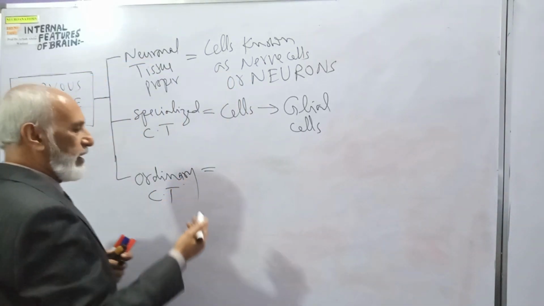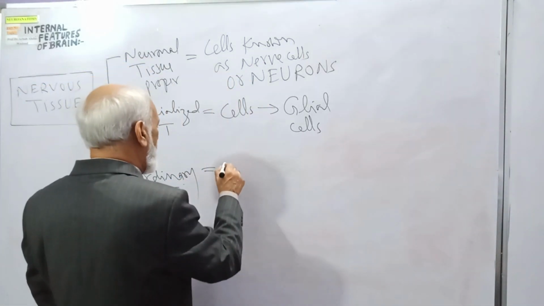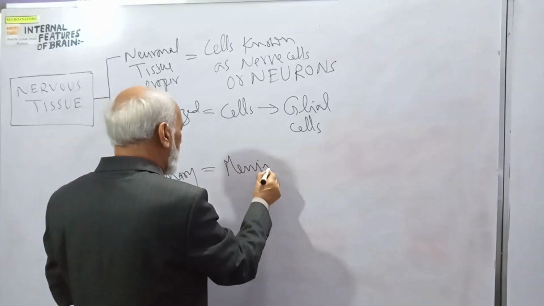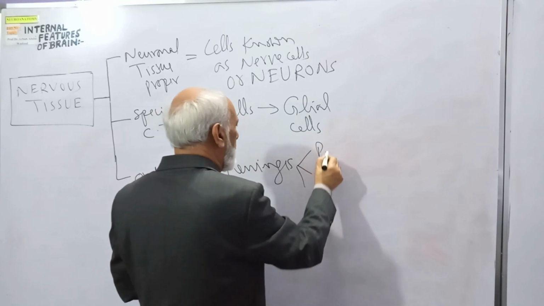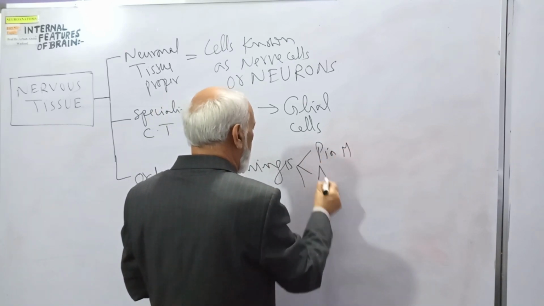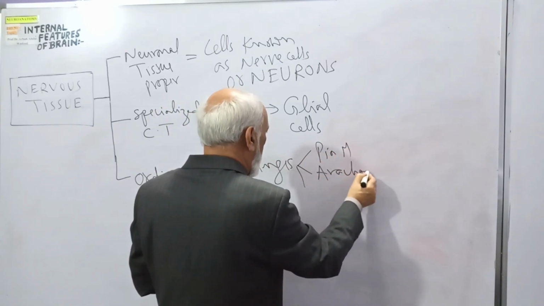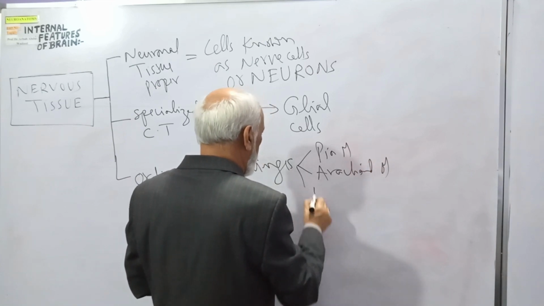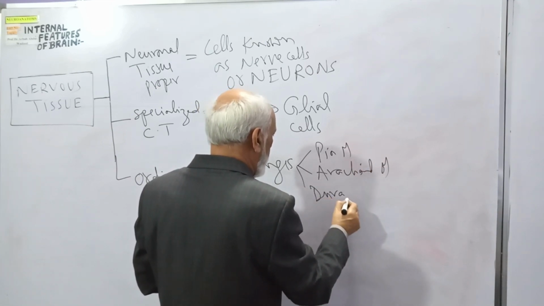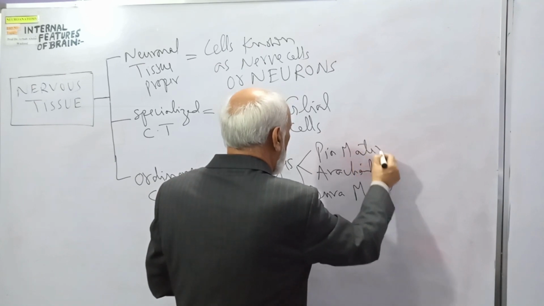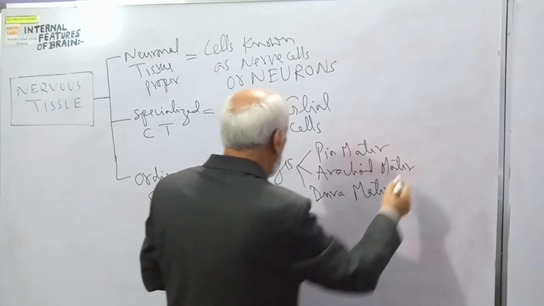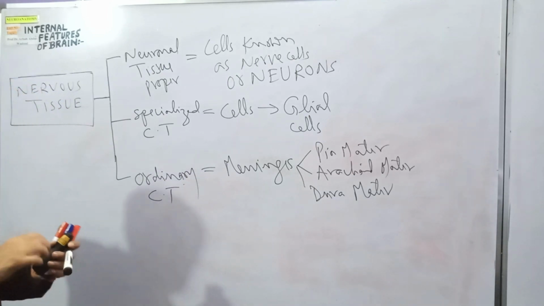And this ordinary connective tissue is in the form of meninges, that is pia mater, arachnoid mater, and dura mater, made up of general type of connective tissue.